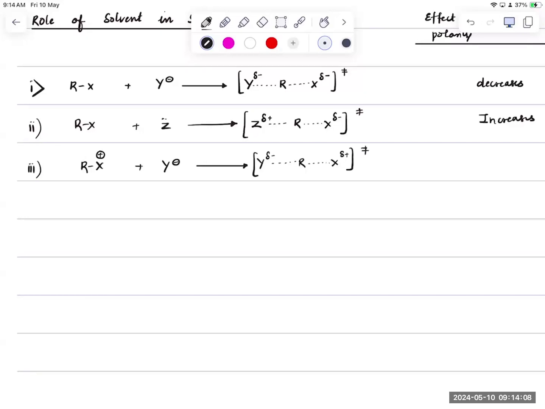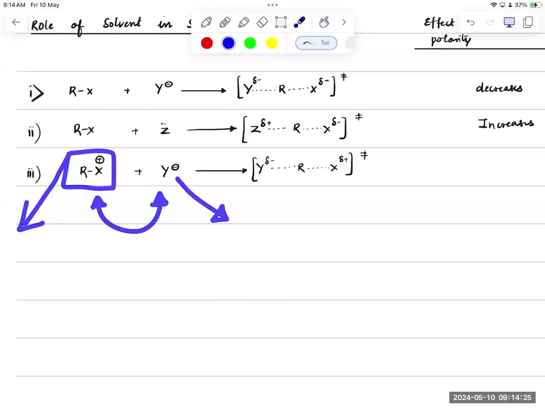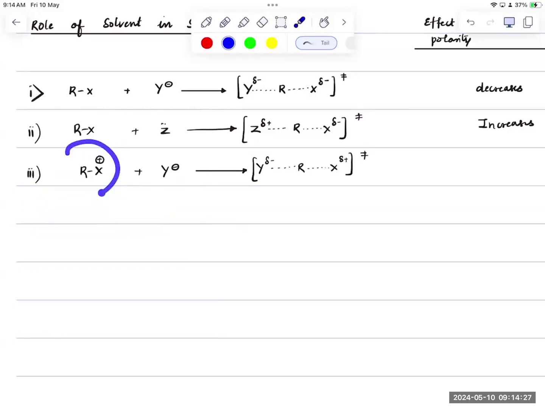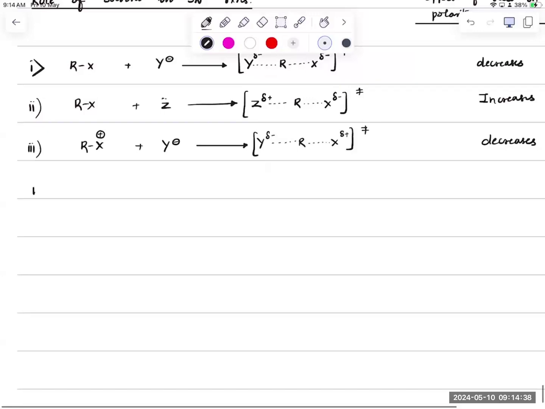The logic is the same. If water is the reference, water will surround Y minus. So both interactions will be very weak, they will not be able to interact because water is separating this side and this side. So the reactivity would be less, and in this case the rate will decrease.